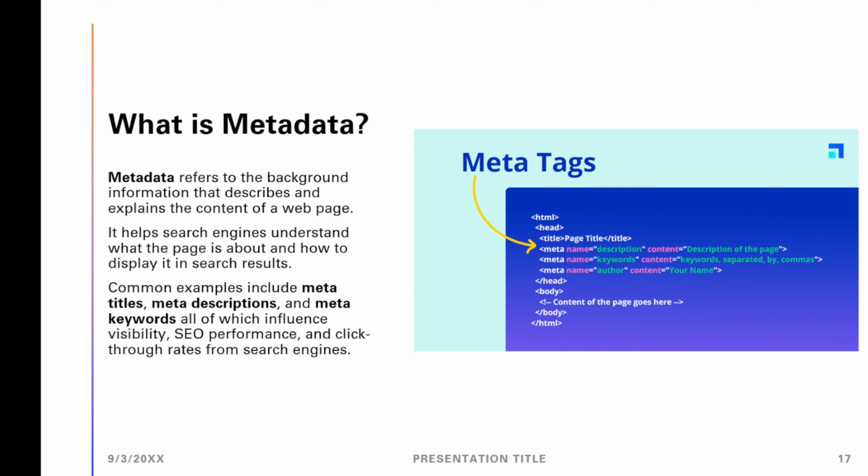And all of these actually influence the visibility and SEO performance in terms of click-through rates on the search engine results page. If you have a good meta description and good metadata, chances are people are more likely to click on your website and visit your website. So these are the ways that metadata can actually influence your SEO performance.